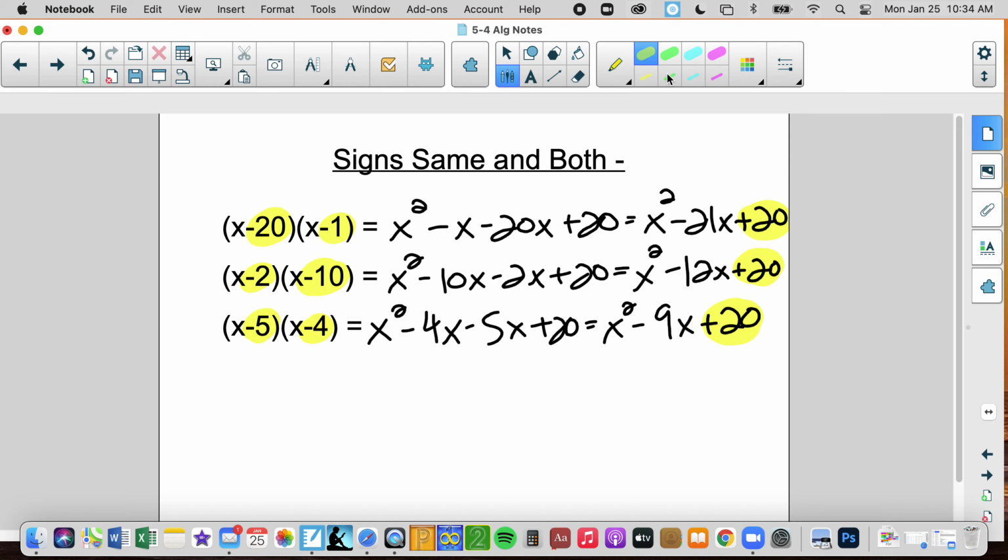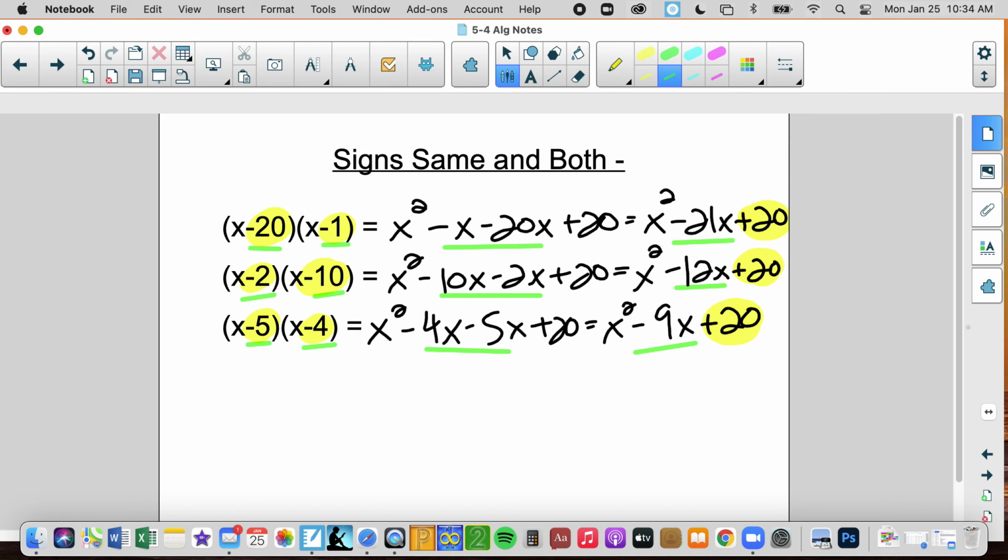Now let's look at this term. How does this term come to be? Well, that is by the sum of those two. So do we notice that negative 20 and negative 1 is negative 21? Negative 2 and negative 10 is negative 12. Negative 5 and negative 4 is negative 9.